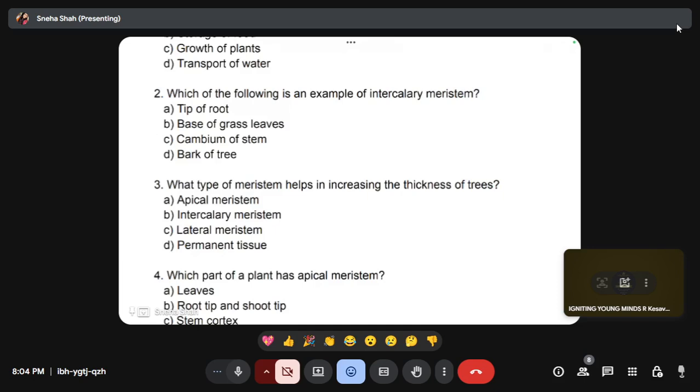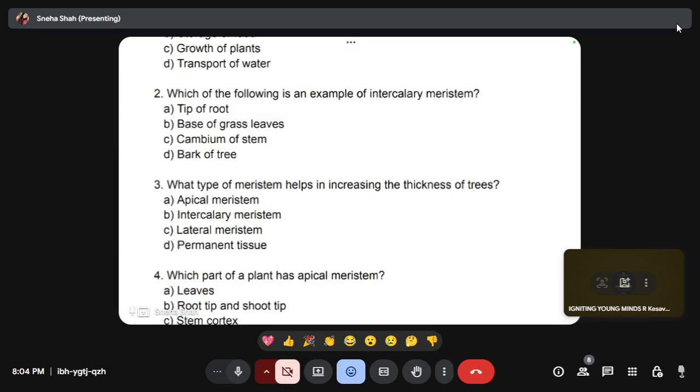In the stems, ma'am. No, it is not the part where the leaves start to grow. They are called nodes or base of leaves. Cambium of stem is a part of the stem which is located at the sides. So cambium of stems contains the lateral meristem and not the intercalary meristem.